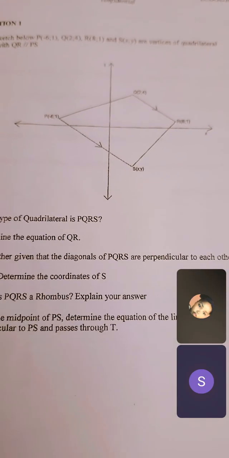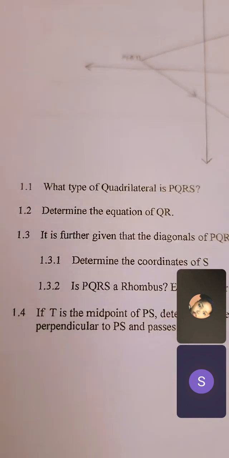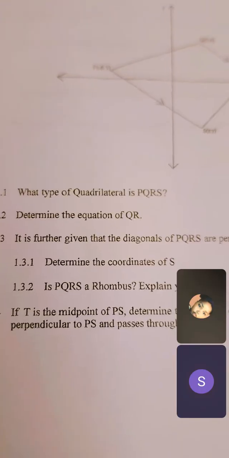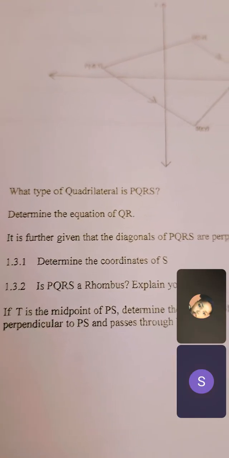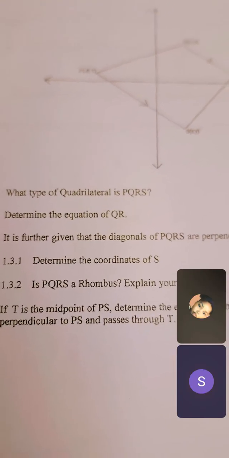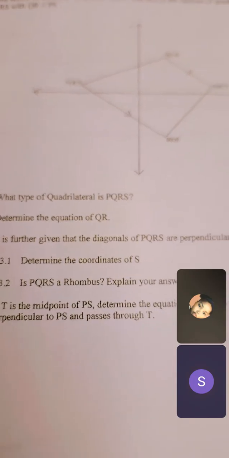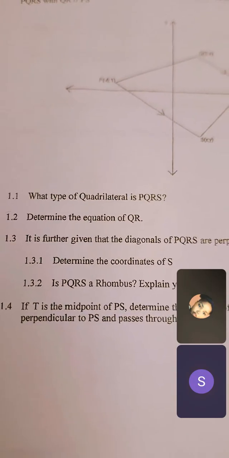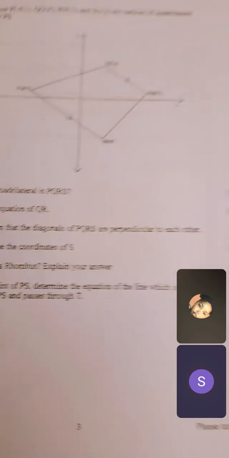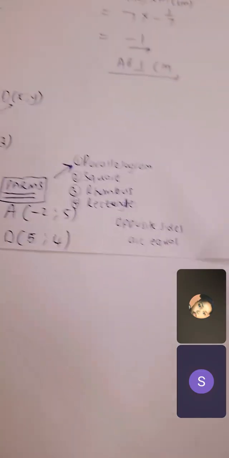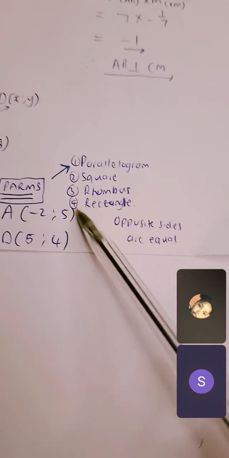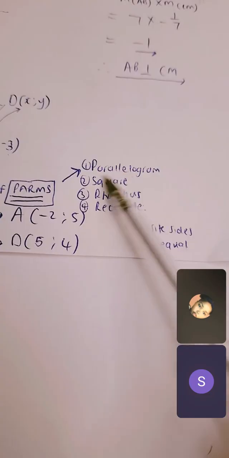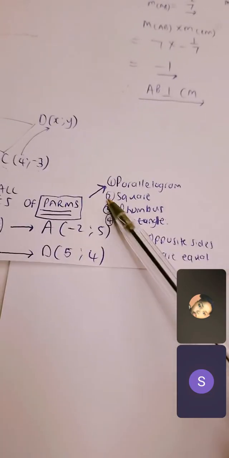With that one, in this situation, what did you say is the type of quadrilateral PQRS in this case is? A trapezium. Yeah, and if you remember what I said earlier, that method can be applied to all types of parallelograms.